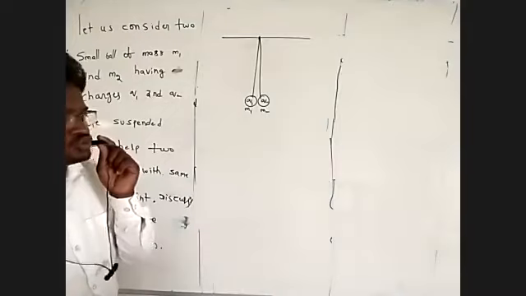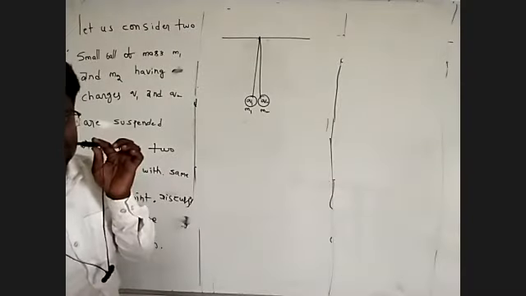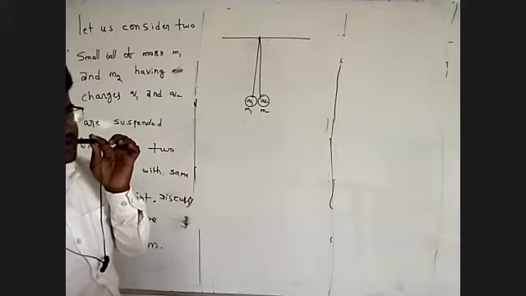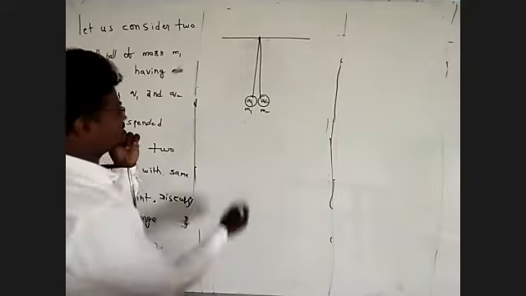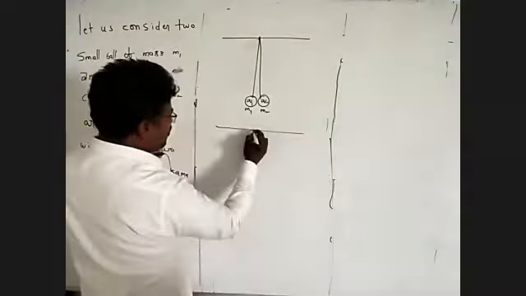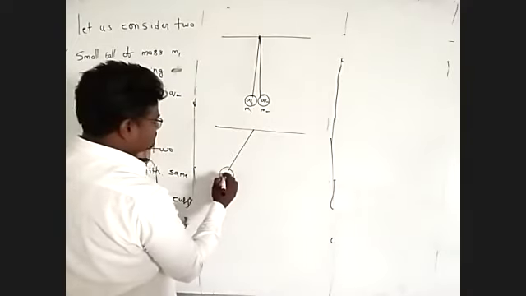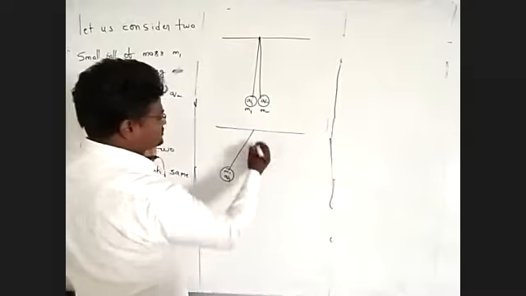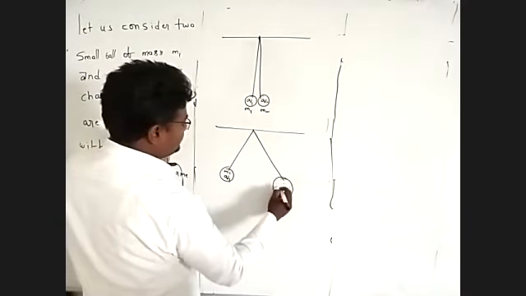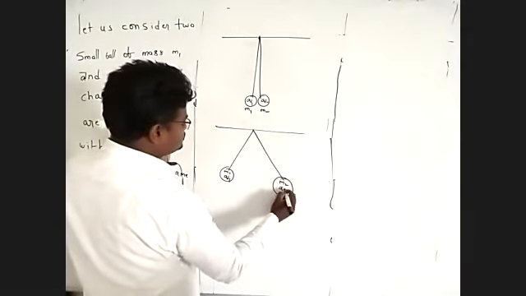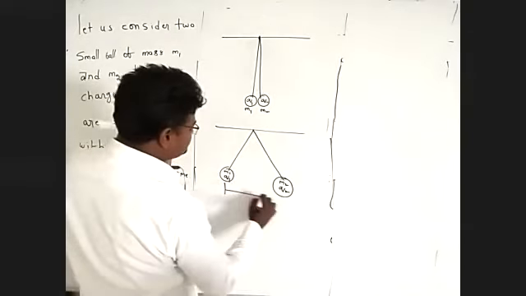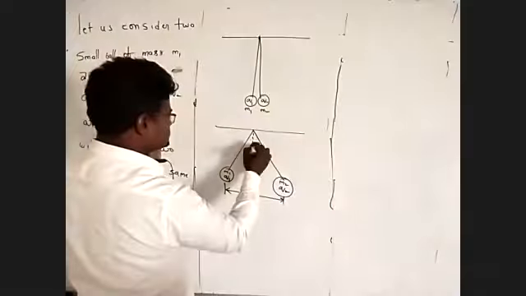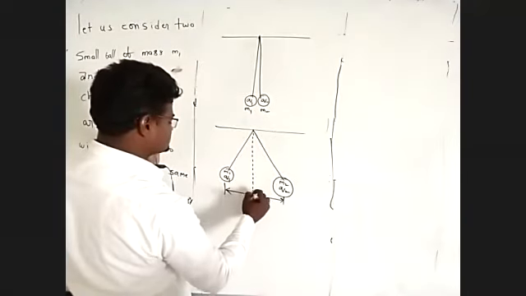But q1 and q2 are like charges, so they repel each other. Now what will happen? This is the initial position of the two charges.